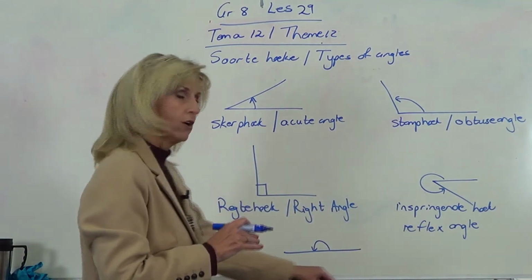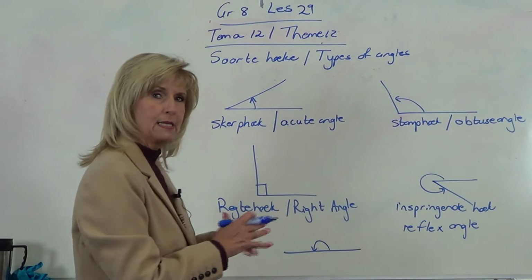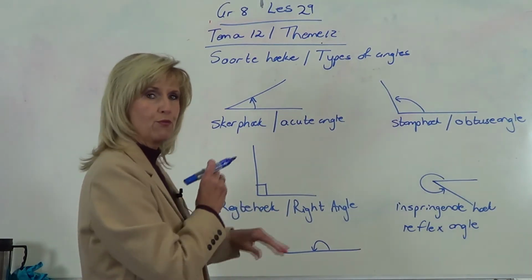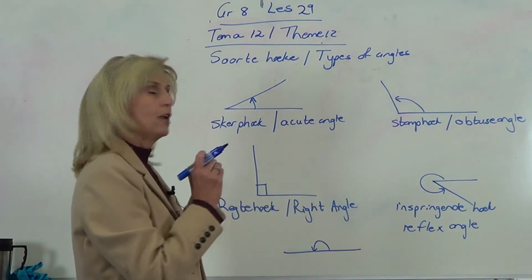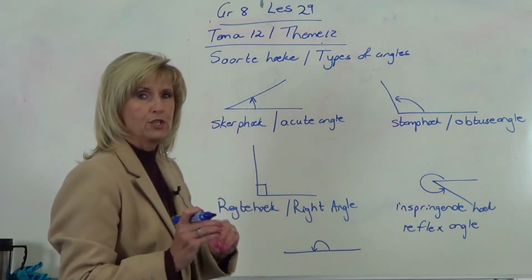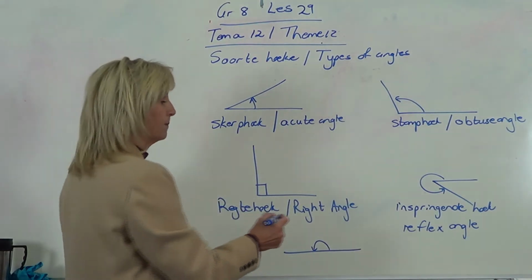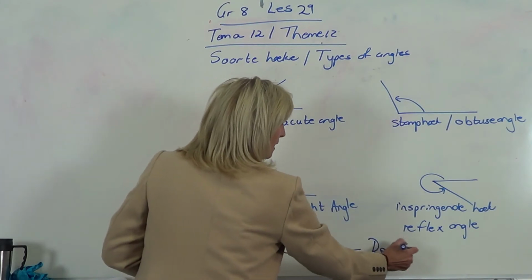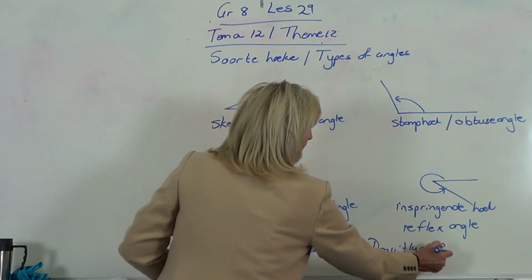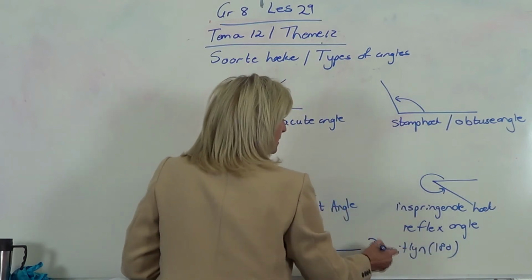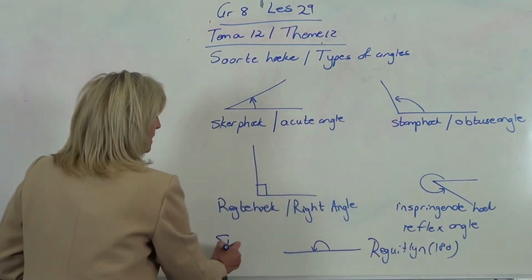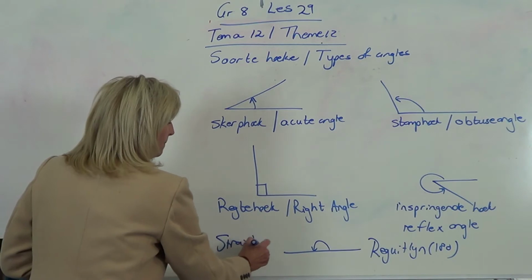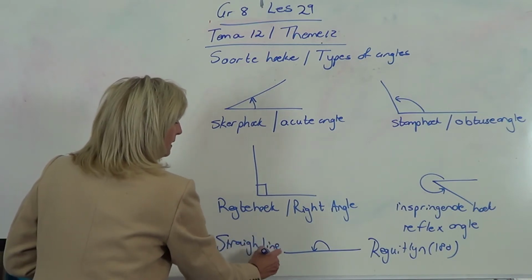En ek gaan vir jou vandag eendag sê, as jy met redes gaan begin werk, when you're busy with reasons in geometry, that you get the right abbreviations. Jy moet die regte afkortings gebruik. So hier gaan ek vir jou sê, dis 'n reguit lyn, which means it's 180 degrees. So it's a straight line, you write on this side. Straight line, because it's 180 degrees.